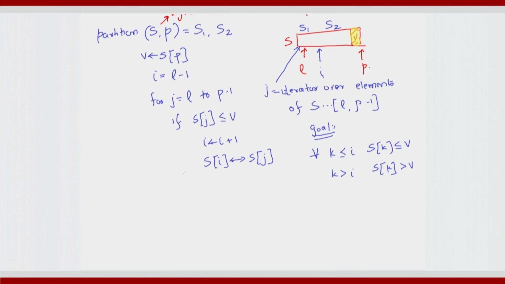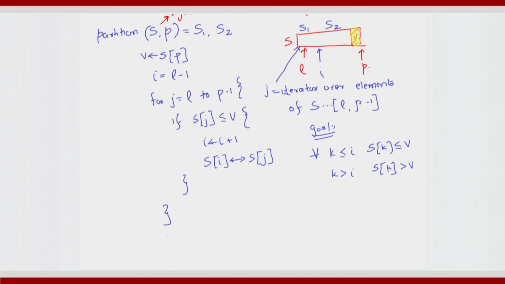So you keep doing this till you reach the end. So you are just adjusting your index I, updating your iterator j. Index I only gets updated when you find an element which is less than or equal to V, otherwise you are perfectly fine keeping that element where it was.